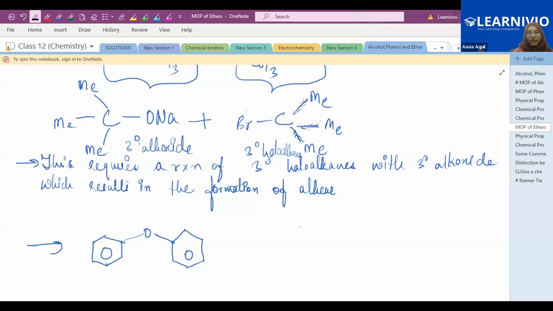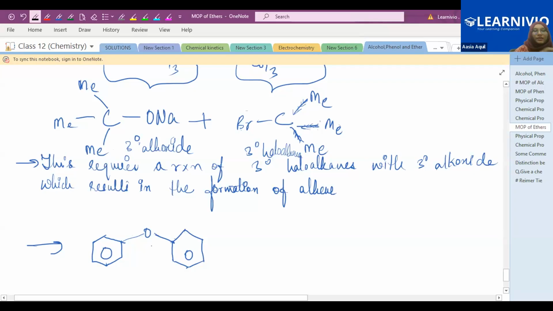Okay. Can you tell me, Safrina, can we prepare this diaryl ether by using Williamson ether synthesis? No. Why? What is the reason? This is a diaryl ether.